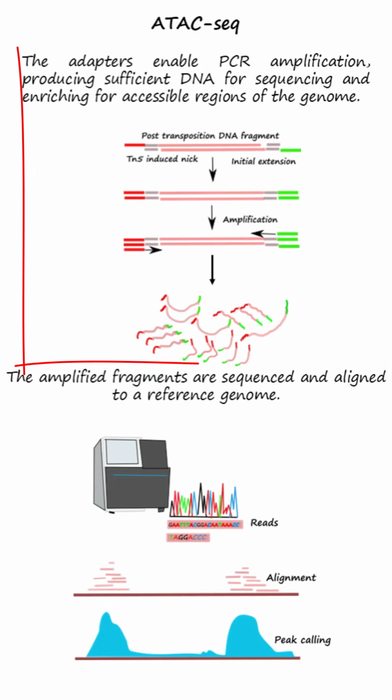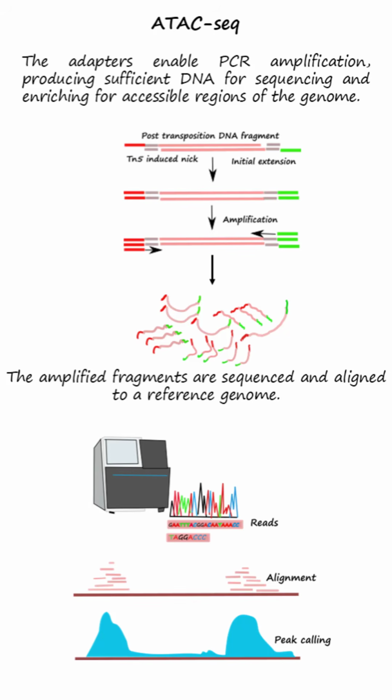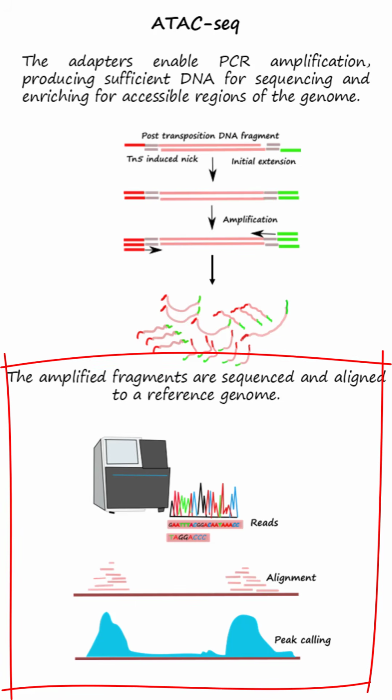The adapters enable PCR amplification to generate sufficient DNA for sequencing while preserving the enrichment of accessible regions established during tagmentation. The amplified fragments are then sequenced and aligned to a reference genome.